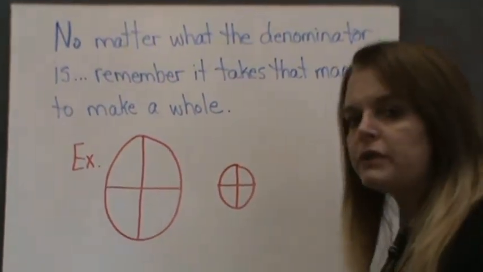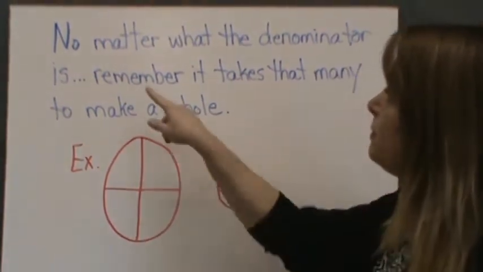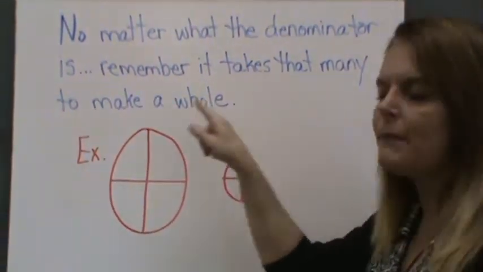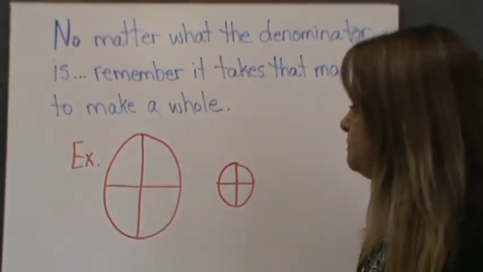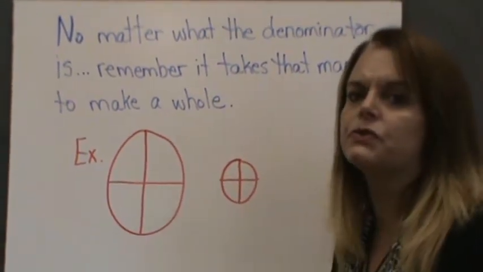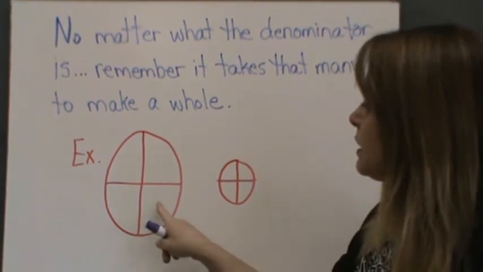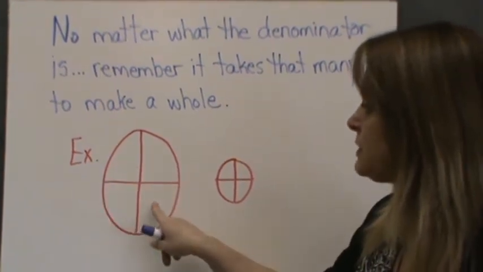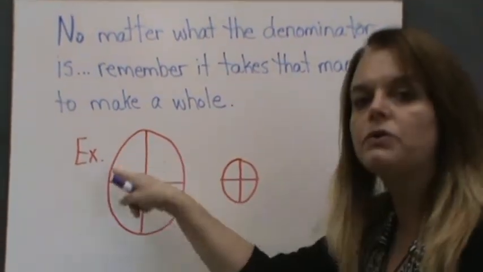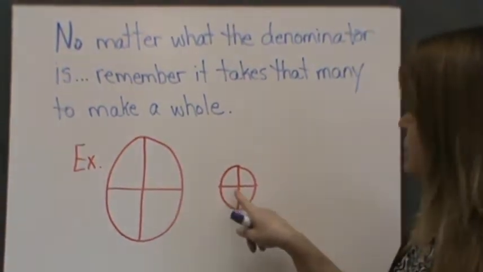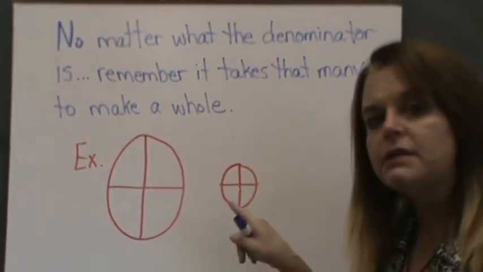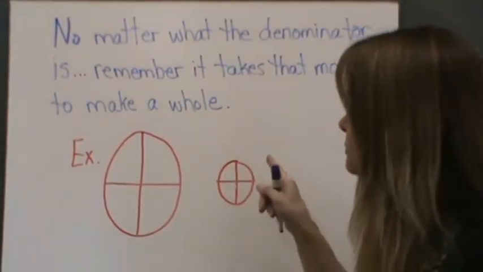No matter what the denominator is, remember, it takes that many to make the whole. So if I look at these 2 circles, I can see I've divided these into fourths, because it takes 4 equal sized pieces to make the whole circle. Here it takes 4 equal sized pieces to make the whole circle.